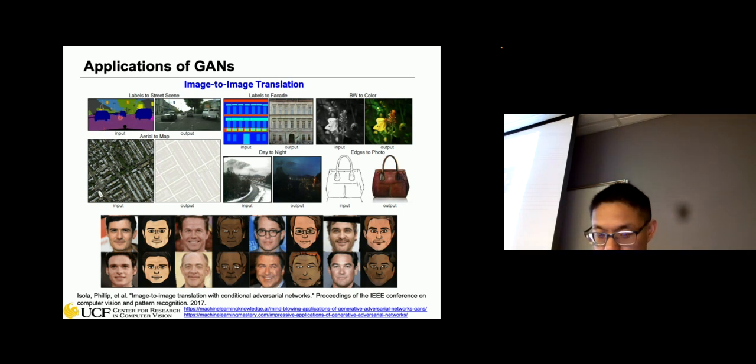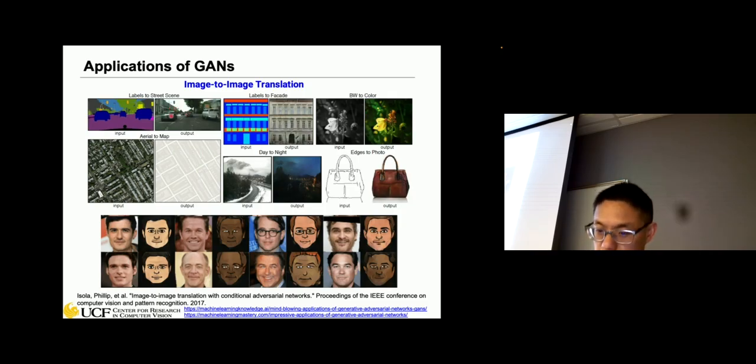But if you can use an existing label map to generate the corresponding realistic images, you can generate multiple real images that fit one particular semantic map.